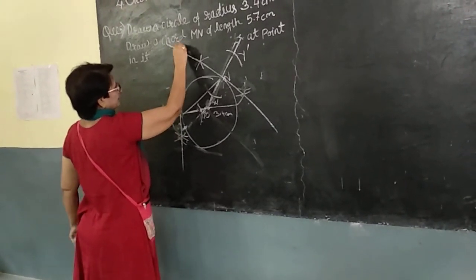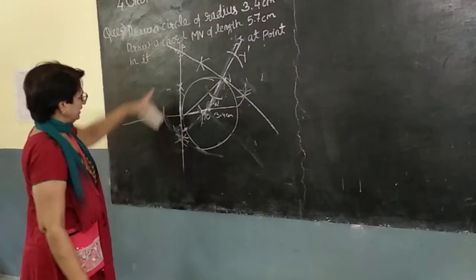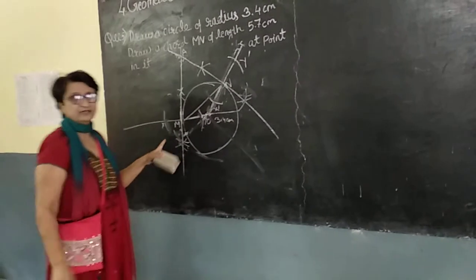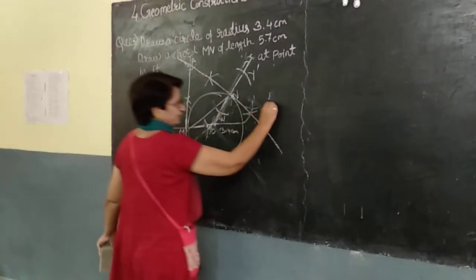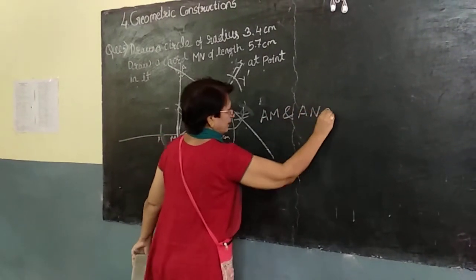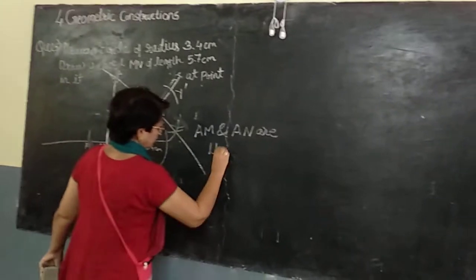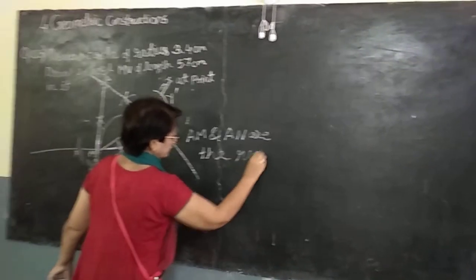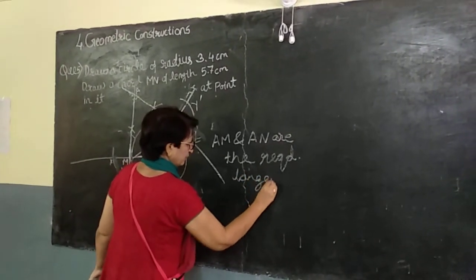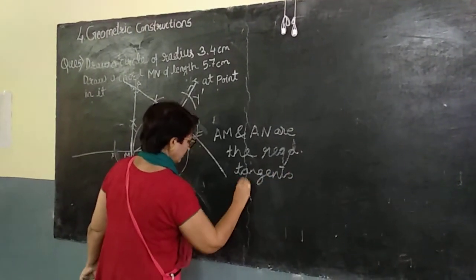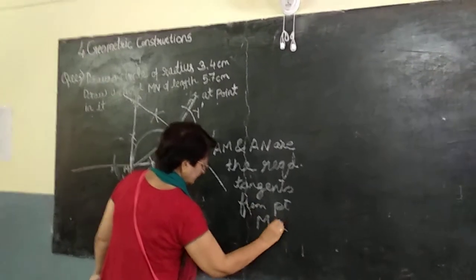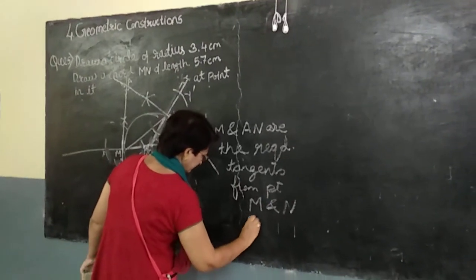Let it be A. So AM and AN are the required tangents from points M and N respectively.